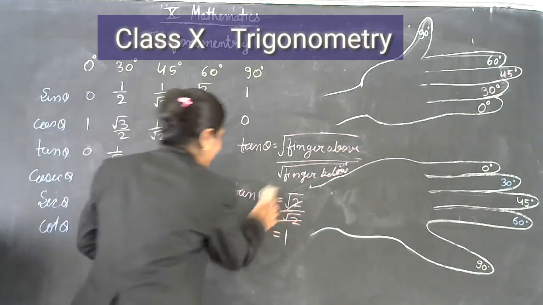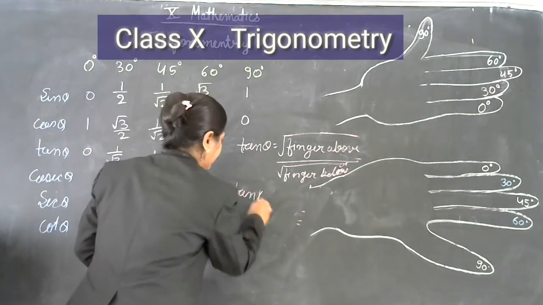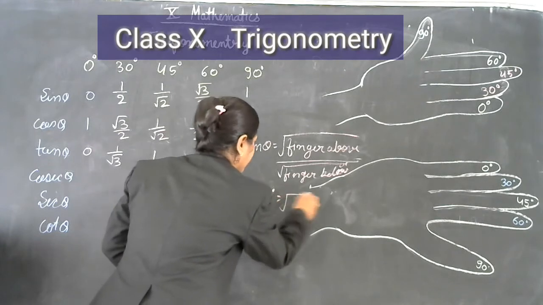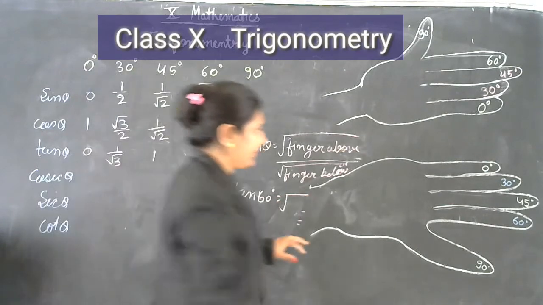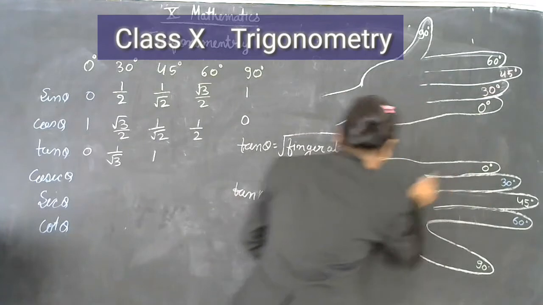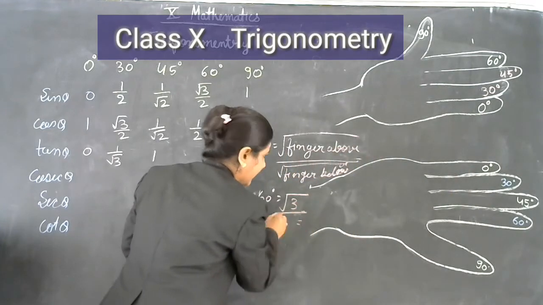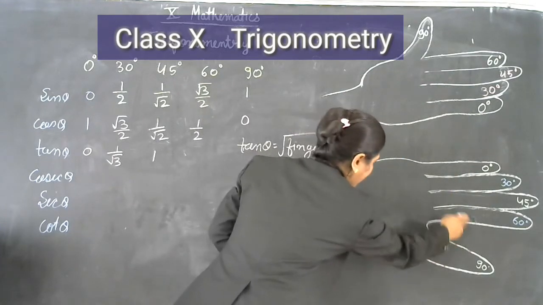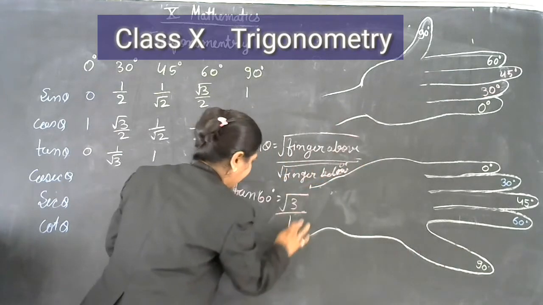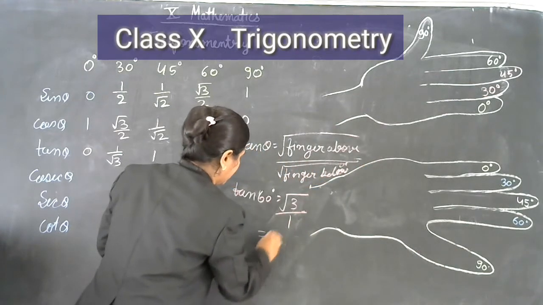For tan 60 degree, fingers above 1, 2 and 3. So root 3, and fingers below 60 is only 1. So it is root 3 only.